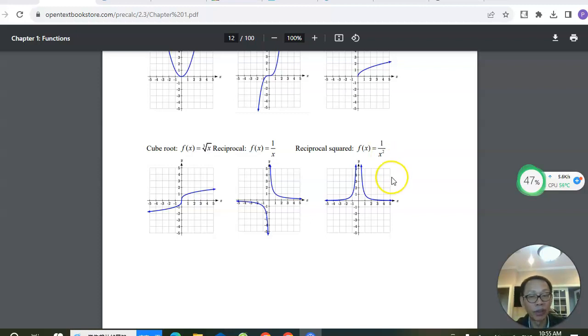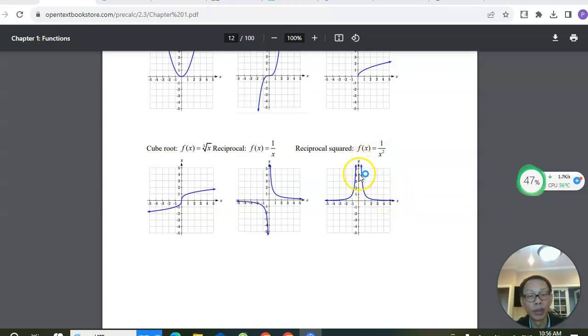But the difference from 1 over x squared versus 1 over x, because it's similar, right? When x becomes bigger and bigger, it approaches 0. That's why when x approaches 0, it becomes bigger and bigger.